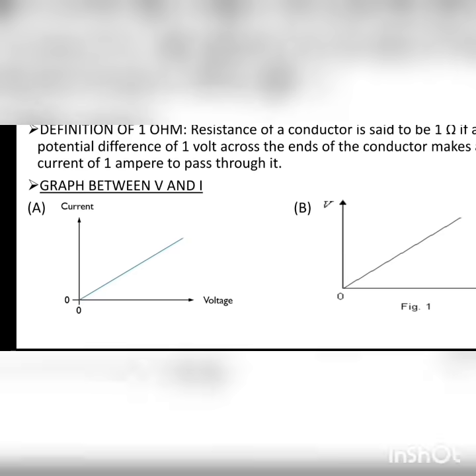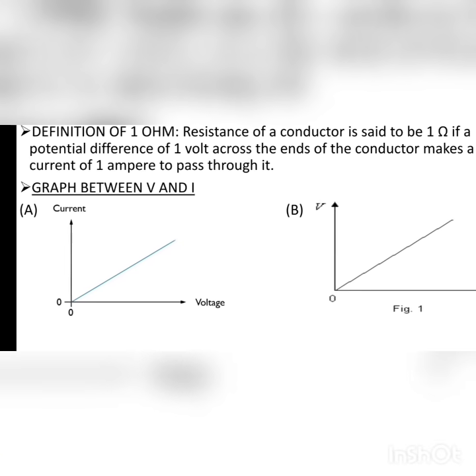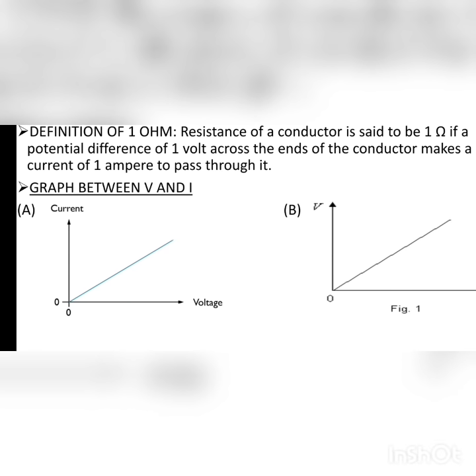Now next, the graph between V and I. This is a very important part, since you will be asked questions based on it. Now if I want to draw a graph between V and I, by default we draw the graph in which voltage is on the x-axis and current is on the y-axis.